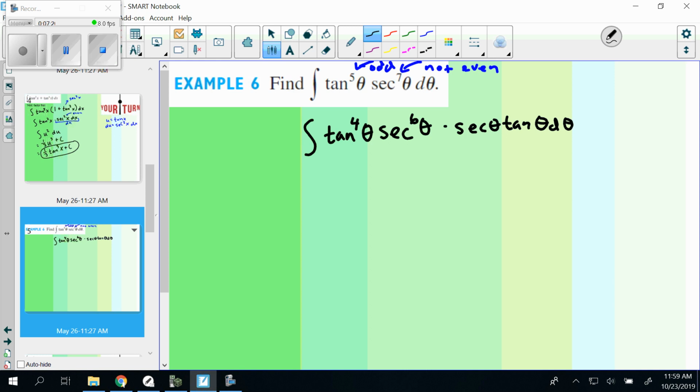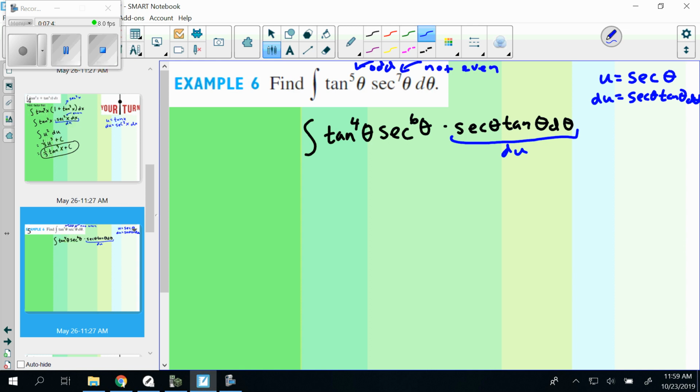So ultimately we're going to substitute secant in for u, because we know the derivative is secant tangent. So all this should turn into our du eventually.